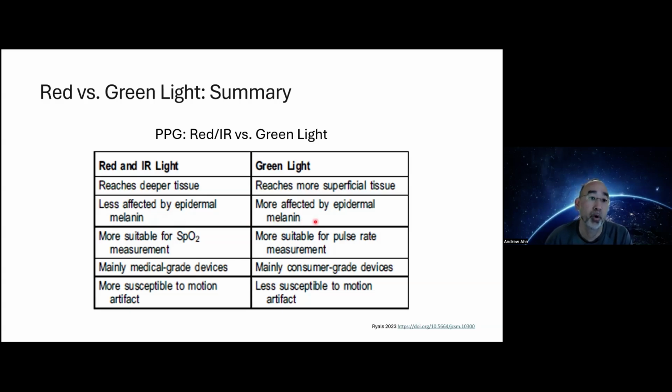Green light, on the other hand, is more affected by epidermal melanin. And red and infrared light is more suitable for SpO2 measurements due to the differences in the absorption between the oxygenated and deoxygenated forms of hemoglobin. And as shown in the previous study, it's more susceptible to motion artifact compared to the green light.